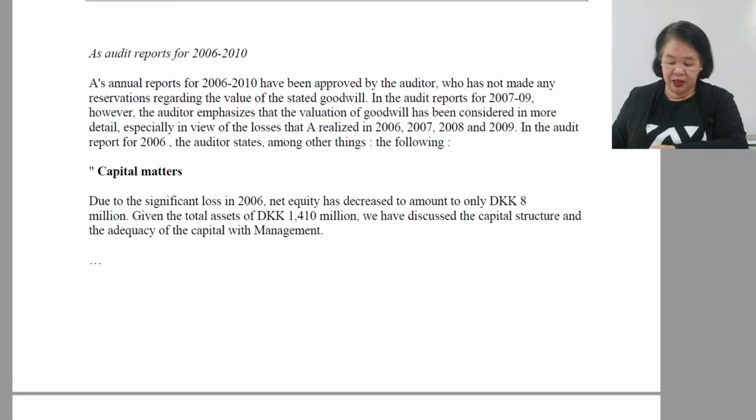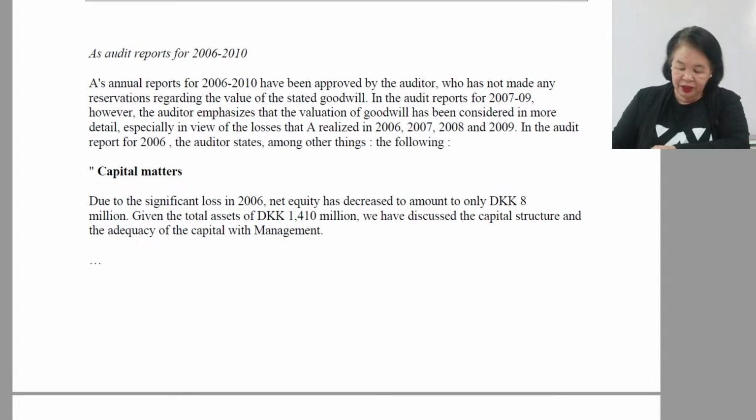So net loss nila. Net equity has decreased to amount to only Danish krone 8 million. No? Baba. Given the total assets of DKK 1.41 million, we have discussed the capital structure and the adequacy of the capital with management. No?